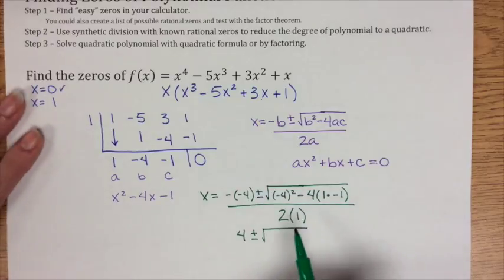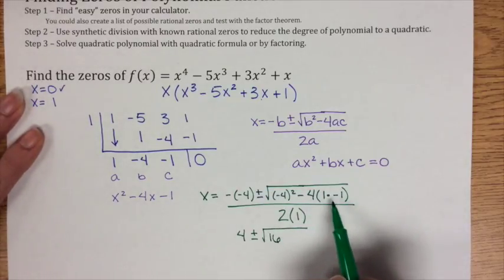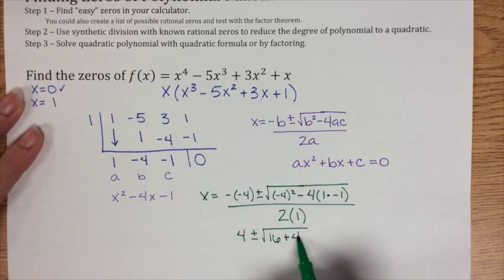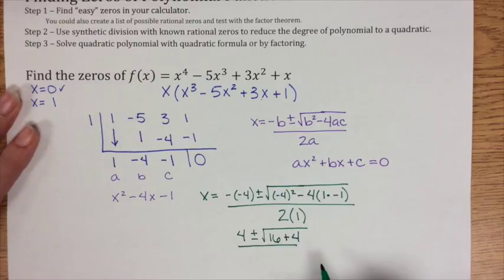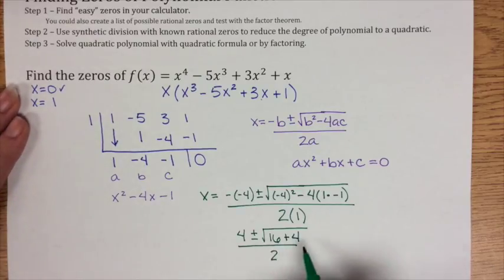So negative 4 squared is 16. And then negative 1 times positive 1 is negative 1, times negative 4 is positive 4, all over 2 times 1, which is 2. Now, if you needed to, you could use your calculator to help you simplify what is under the radical, but do not put the radical in your calculator.